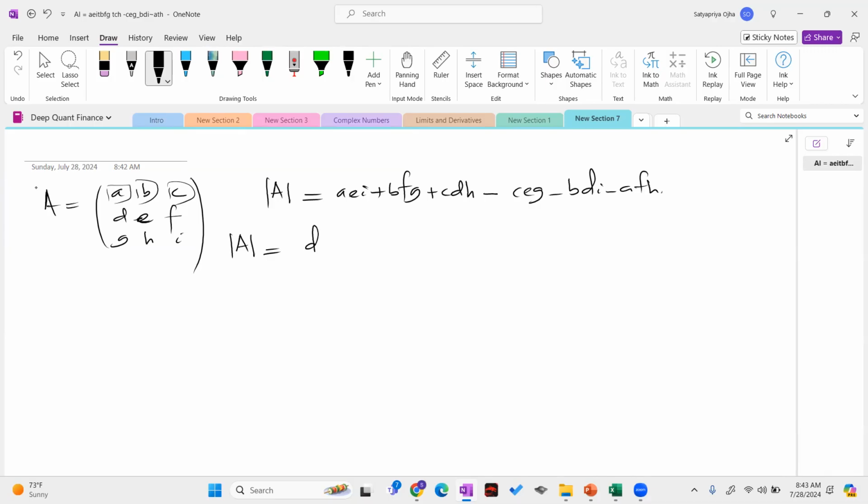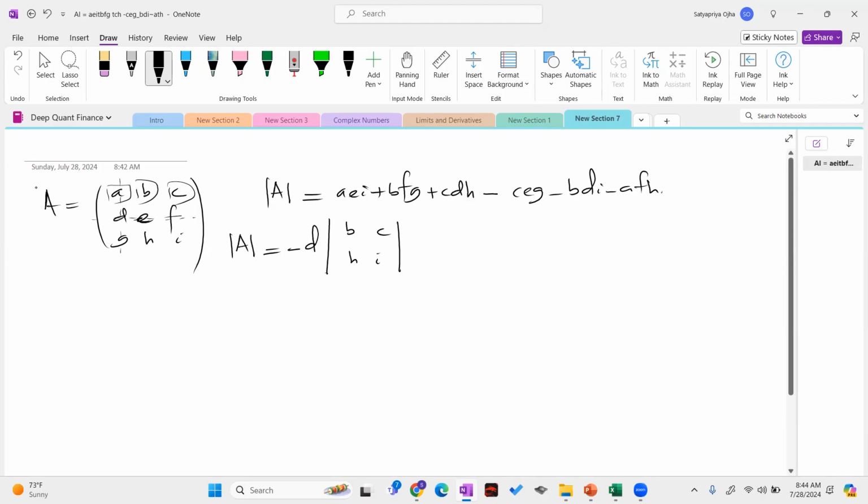Second row, first column, which is 2 plus 1 equal to 3, -1 to the 3 is minus 1, perfect. Determinant of, cover D, the row and the column involving D. What are you left with? B, C, H, I.